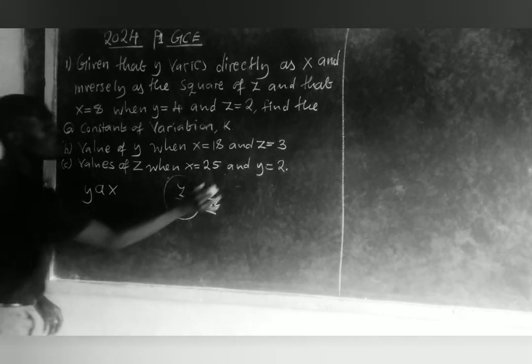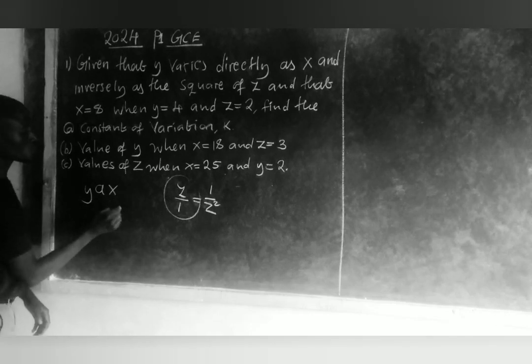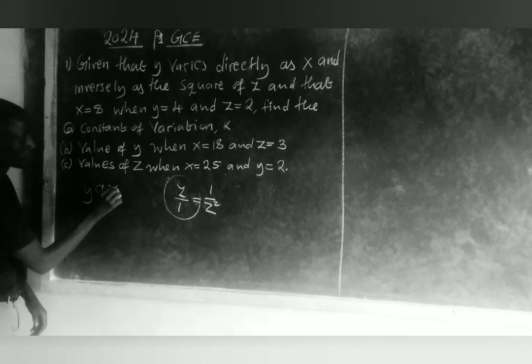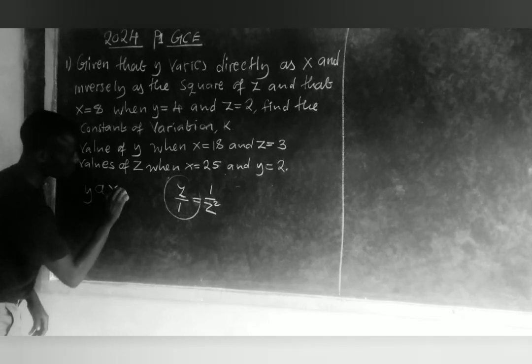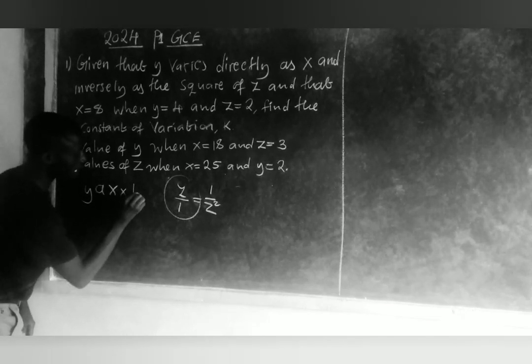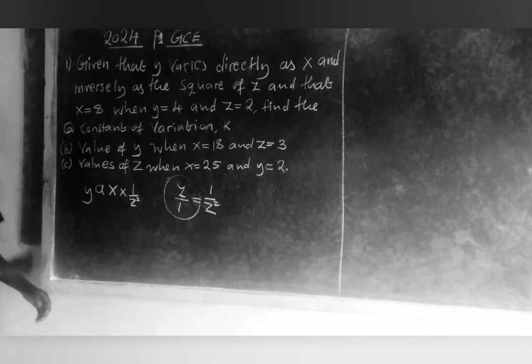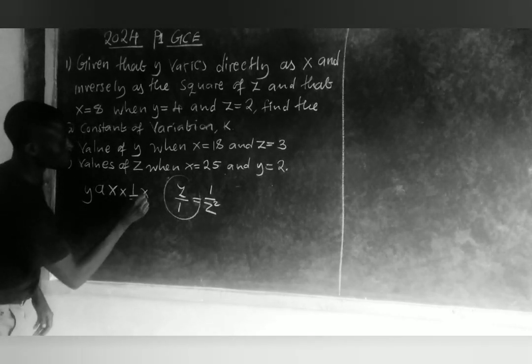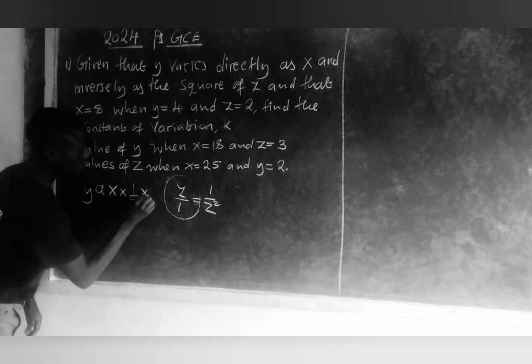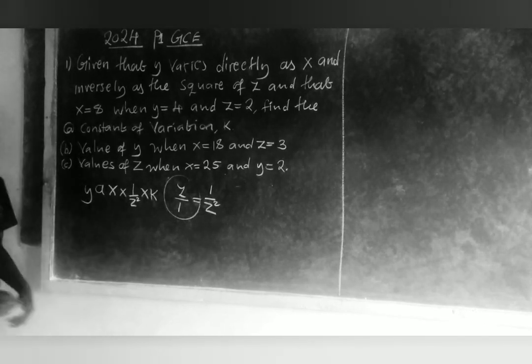So it is now this one which we are going to multiply with this x, so we say times 1 out of z squared. Then we always multiply with a constant of variation, which is always denoted by k.